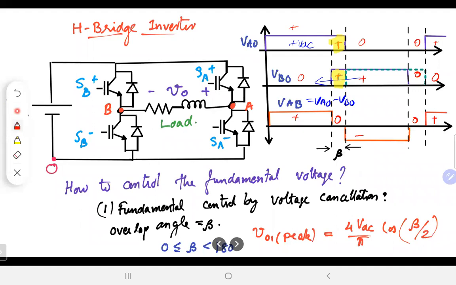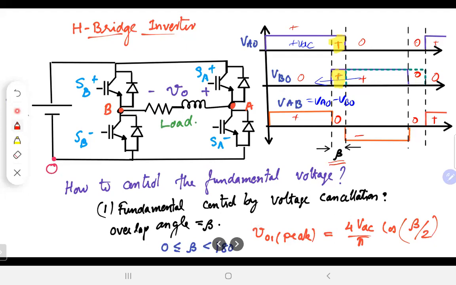So the more the overlap we give, that is this angle beta, which is what we call the overlap angle. So overlap angle beta, if you keep on increasing, there is more and more part of the VBO which will coincide with VAO, the more the cancellation would be. And we get that if you have this kind of an arrangement, the beta can vary from 0 to 180.